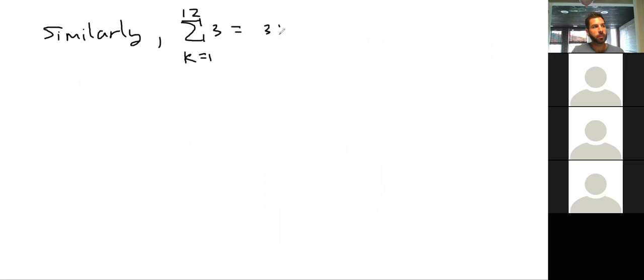Let's do a similar one. Suppose I wanted to add up the number 3 12 times. Well, the shorthand for that is this, but this would be 3 plus 3 plus 3. And of course, just like I said previously, you could say 12 copies.